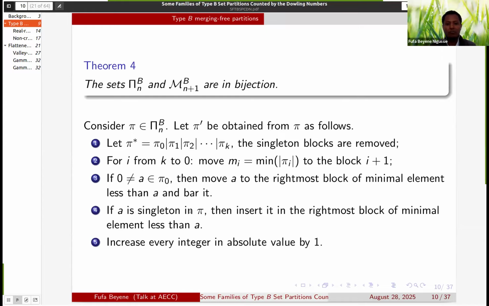Or if a is a singleton block in pi, then we insert it in the rightmost block of minimal element less than a, and then finally increase every integer in absolute value by 1. So this procedure ensures that the resulting partition will be merging free and on size n plus 1.